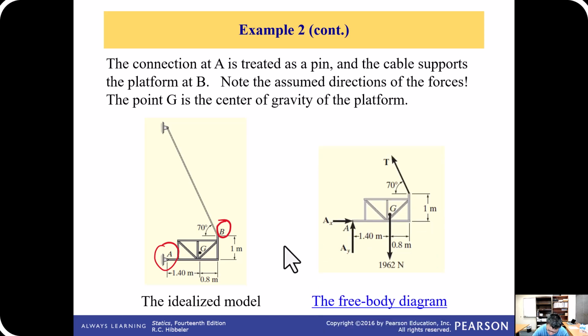So we can draw the tension T in the direction of the cable, and point A is a pin with Ax and Ay, and G is the center of gravity with the self weight, and also the geometry of this platform. After drawing the free body diagram, we can solve this problem. We have 3 unknowns, Ax, Ay, and T, and we have 3 equations of equilibrium, so we can solve this problem.